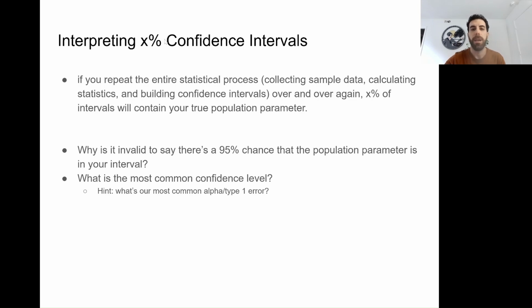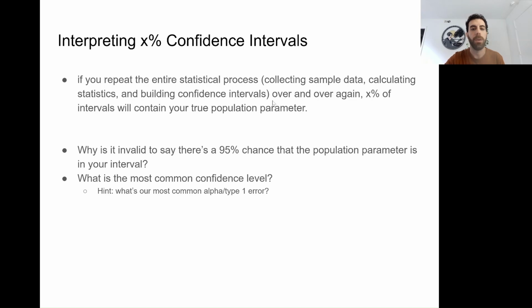So to be explicit, you should explain it in this fashion: if you repeat this process over and over again, 95% of your intervals will contain the parameter. This interval may or may not, we don't know, but it was constructed through this process where we expect 95% of them to contain the true parameter. Or I just was more general and said X% because you can build a confidence interval for any level.